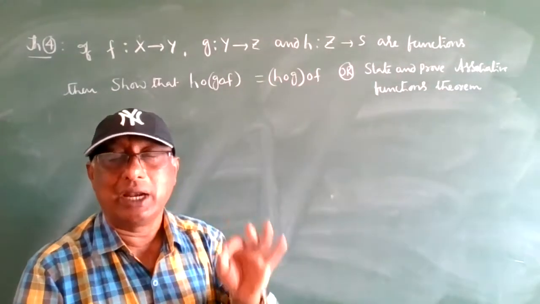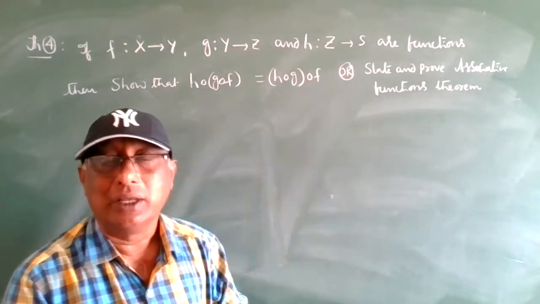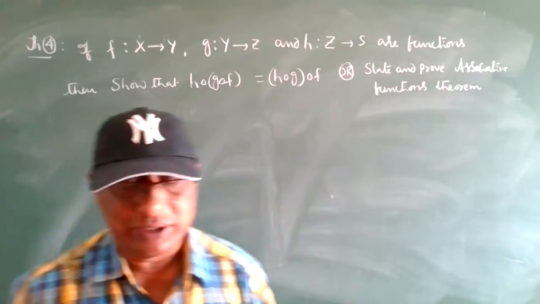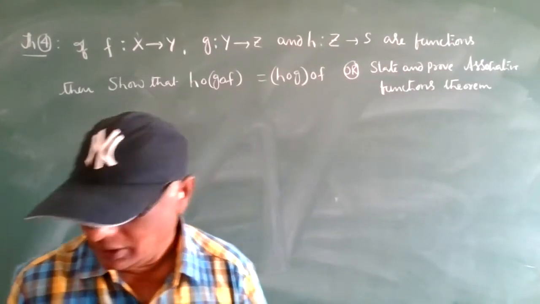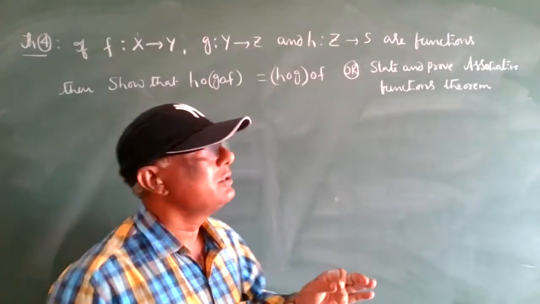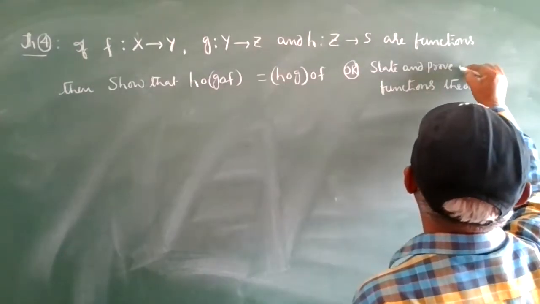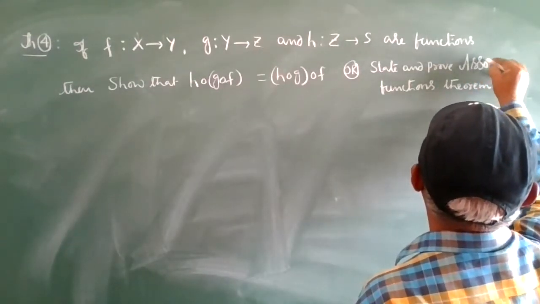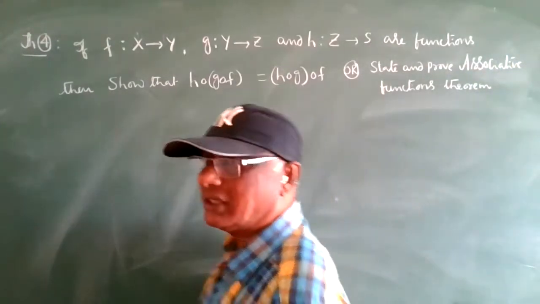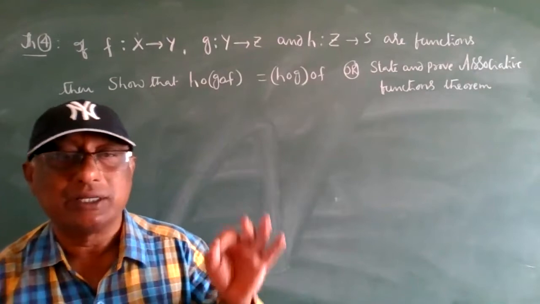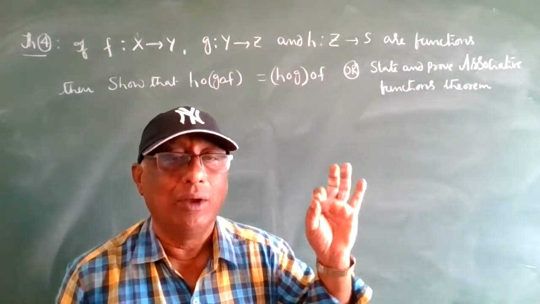So that is the statement and the proof. Associative functions theorem means you should write the statement and also the proof. This is theorem number 4.